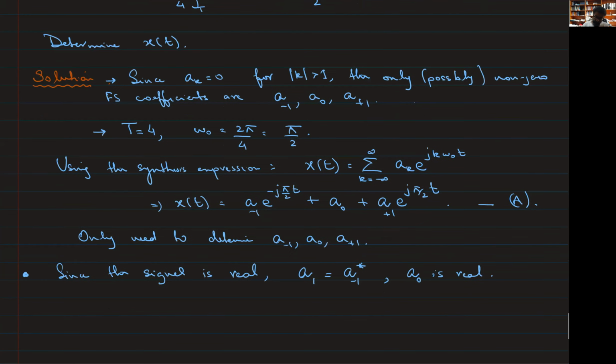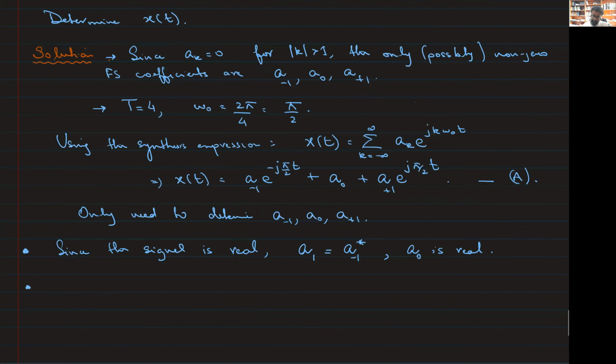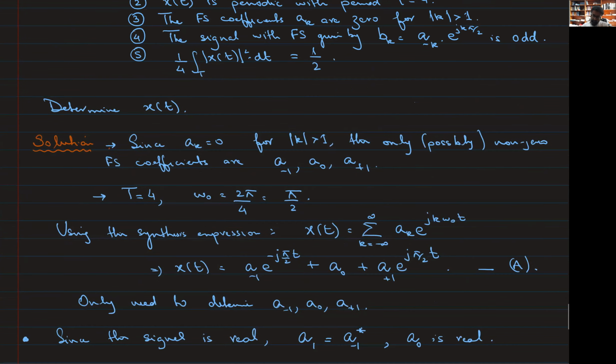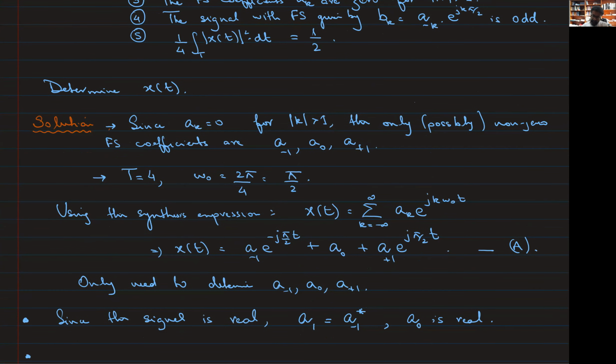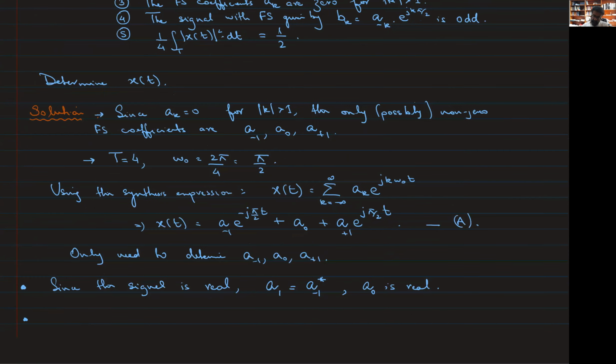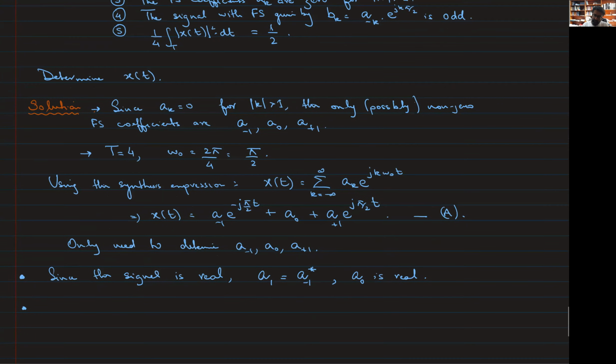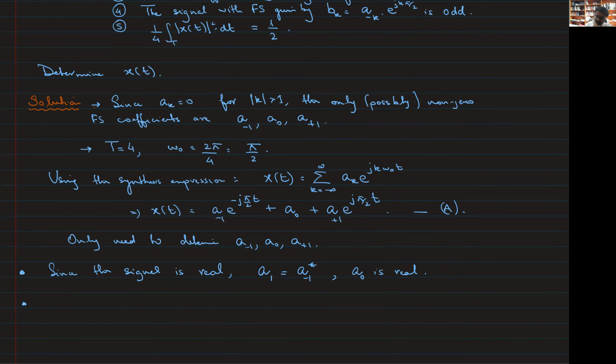Okay. Now, let's use property number 4 and see what it says, right? So let me zoom out a little bit. Okay. This is property number 4, which is the signal with Fourier series coefficients given by b k equals a minus k times e to the power j k pi by 2. That's odd, right?